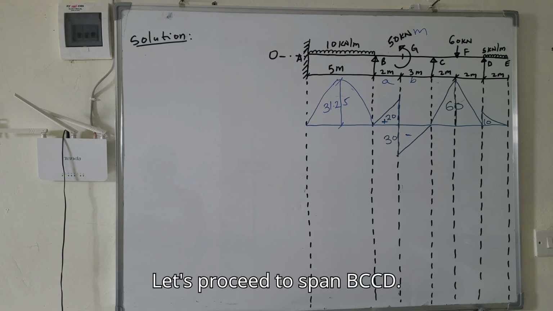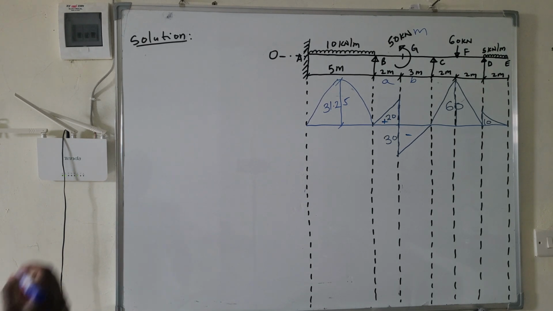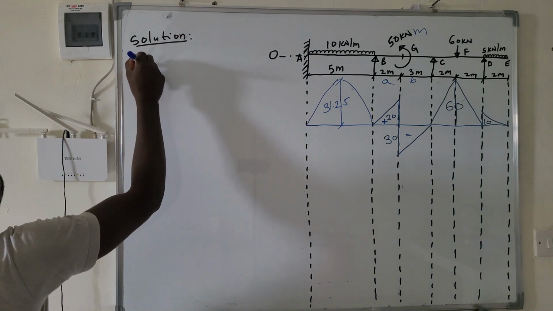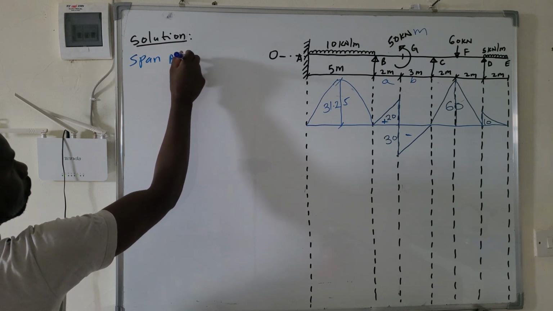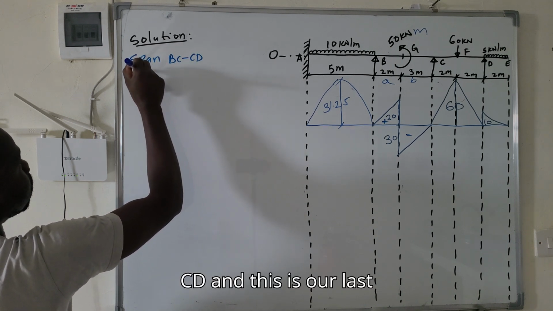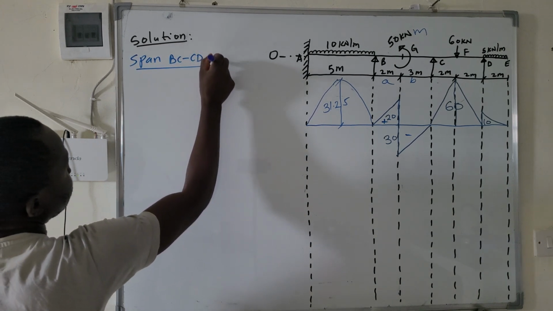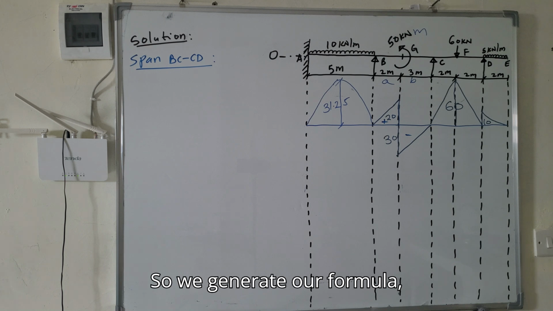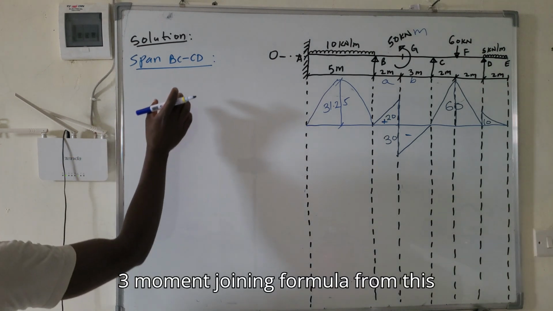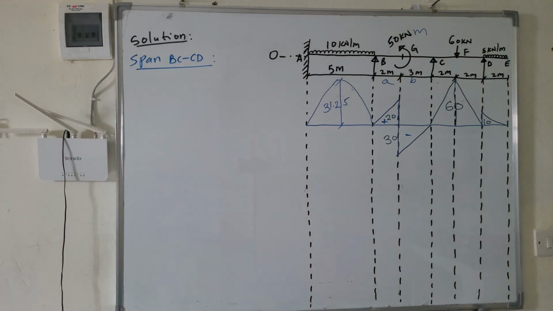Let's proceed to span BC, CD. And this is our last span to consider. So we generate our three-moment theorem formula from this span.